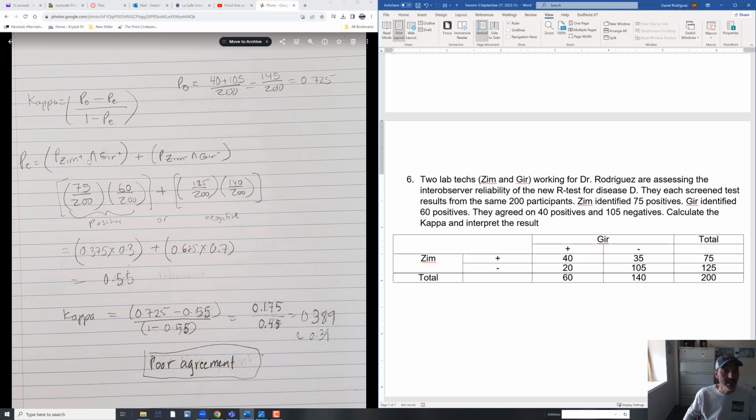So either they both agreed on the positive, or means addition, or they both agreed on an individual being negative for disease D. So let's see, Zim rated 75 out of the 200 as positive, so that's why we have 75 divided by 200. Gur rated 60 out of 200 as positive.